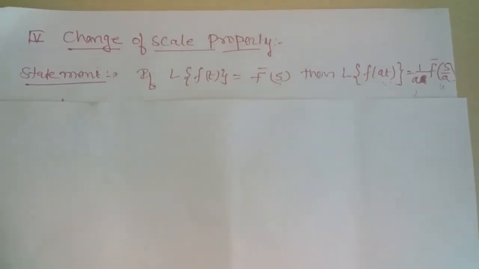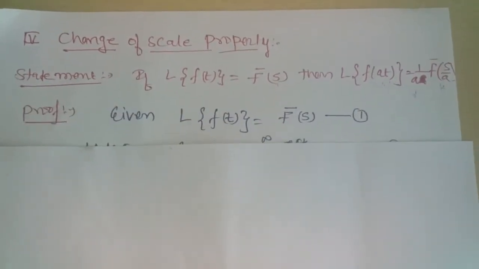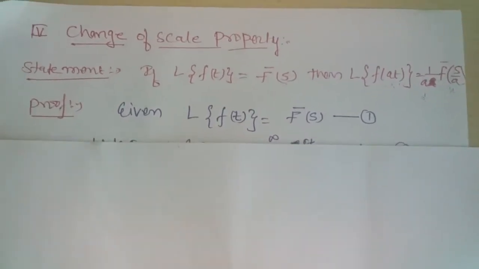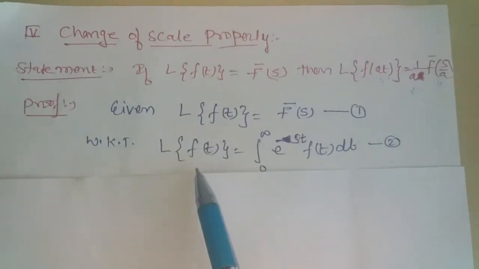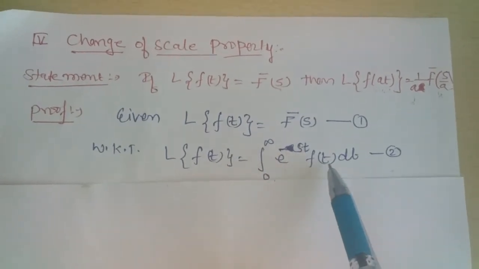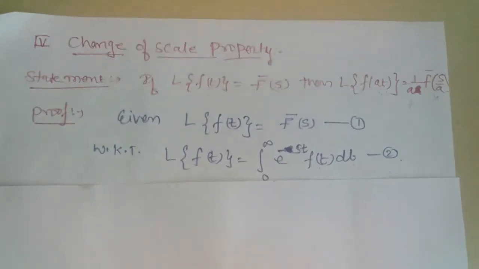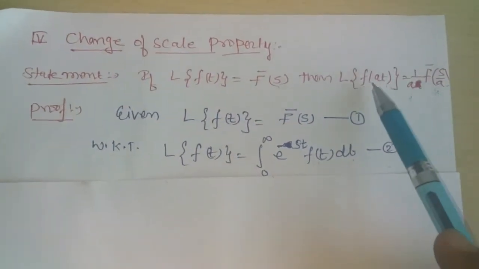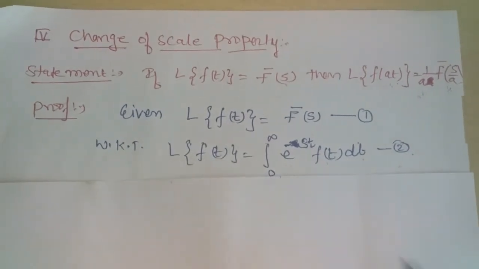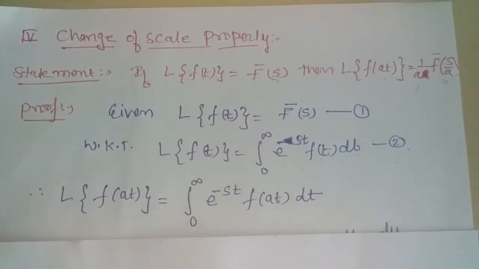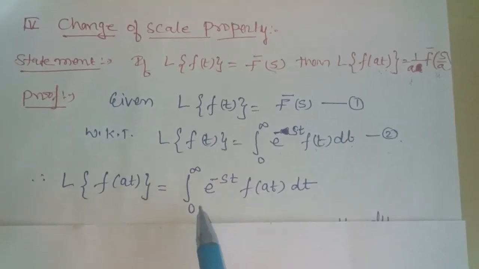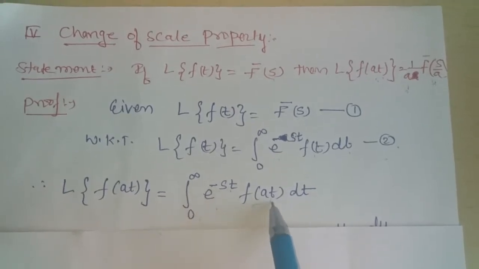Now the proof of this. The Laplace transform of f(t) is F̄(s), and we know that the Laplace transform of any function f(t) is the integral from 0 to infinity of e^(−st) f(t) dt, which we call F̄(s). As we have to find the Laplace transform of f(at), we replace f(t) by f(at) here, and we get the integral from 0 to infinity of e^(−st) f(at) dt.